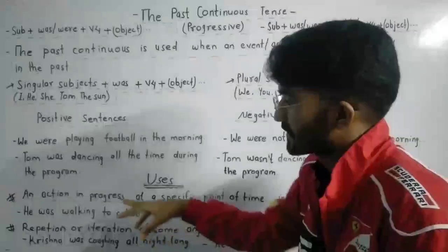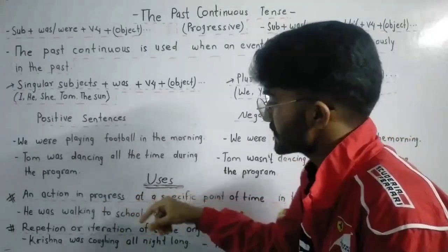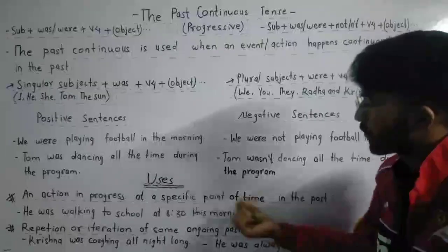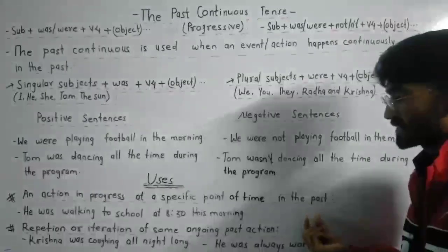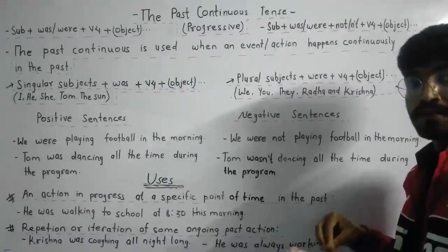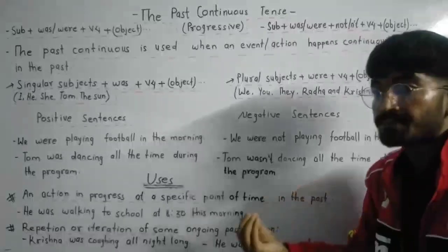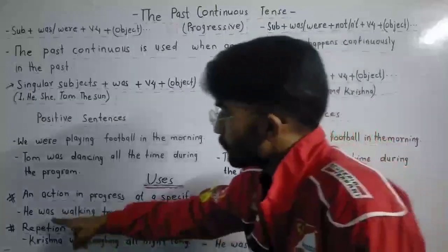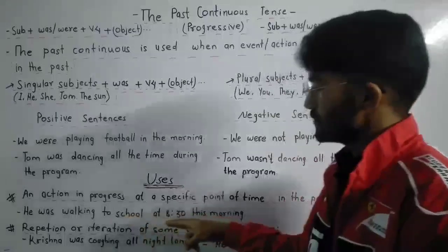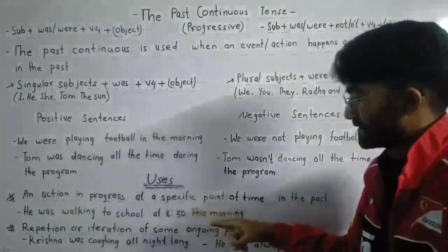In the past, in progress, it means at a specific point of time in the past, which was continuous at that specific point of time. See, he was walking to school at 8:30 this morning.